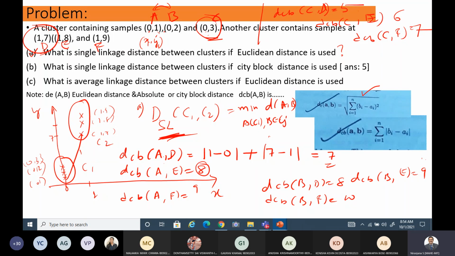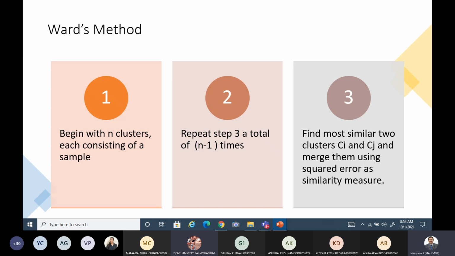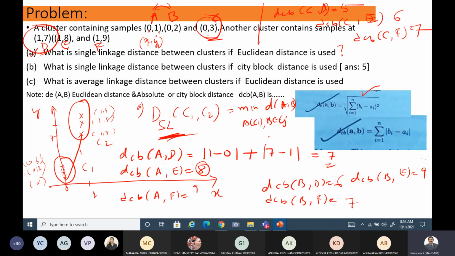So B to D is nothing but 1 plus 5, 6. So it is 6, 7, 8. The calculations are simple here, but don't make mistakes. If you make a mistake, calculation should be taken seriously. So it is 8.